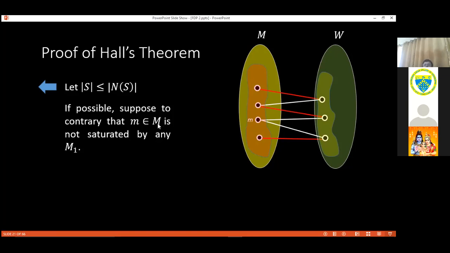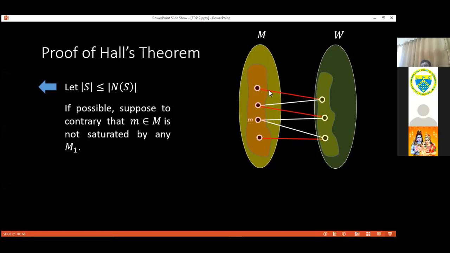The cardinality of the set is maximum, I assume. Suppose the path starting from this vertex ends here, that means this edge is a white, unmatched edge, correct?